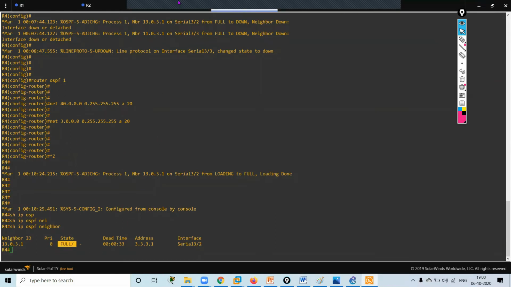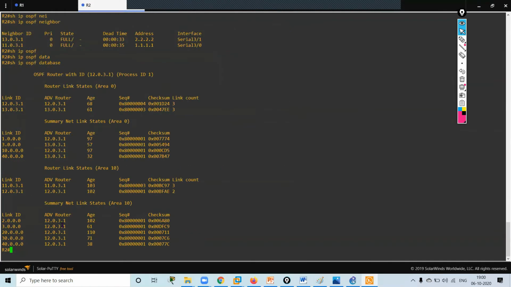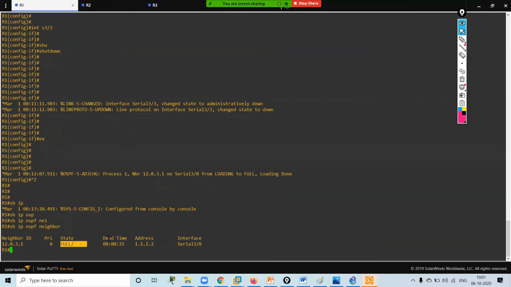Neighbors are fully converged, they went through all the states. Understood? Can you show the OSPF database on R4?